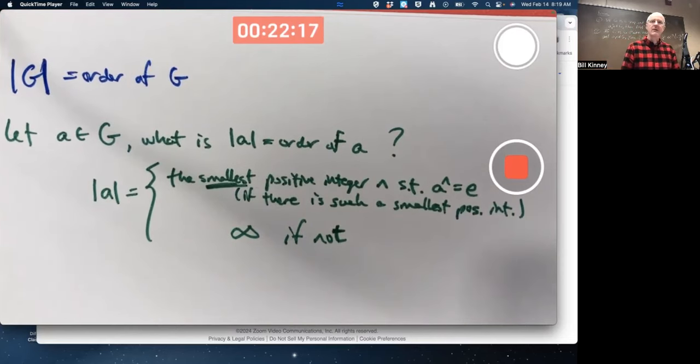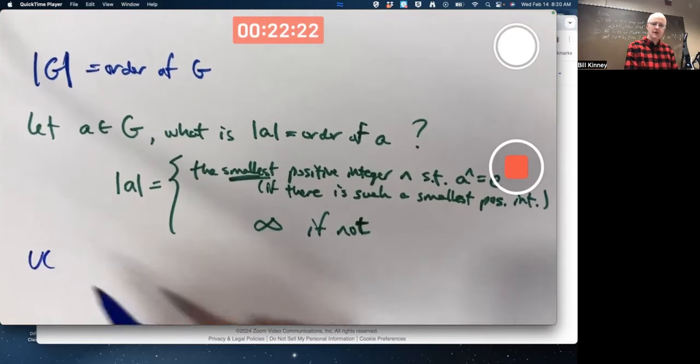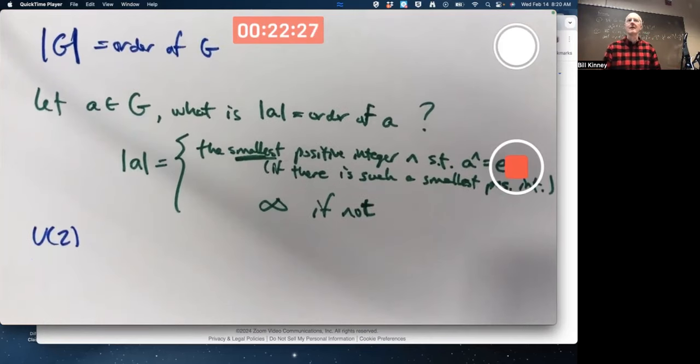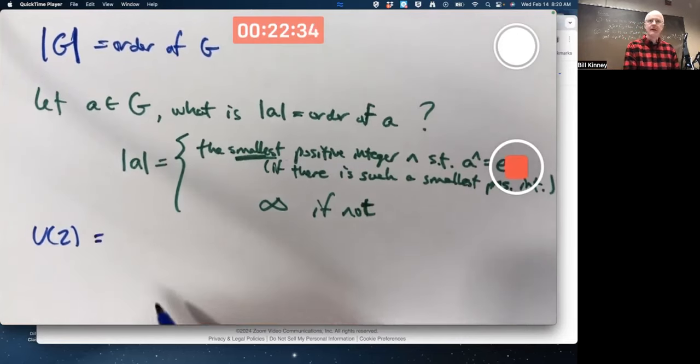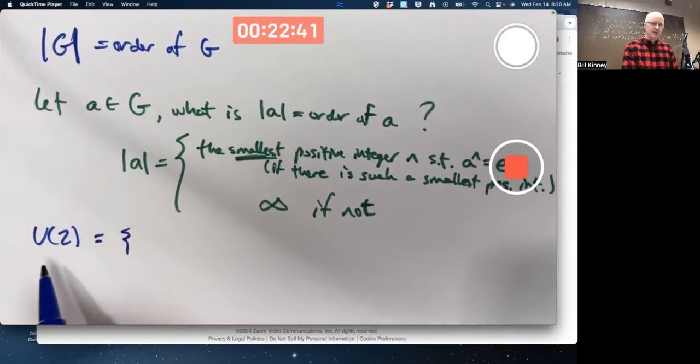Let's actually start with the U examples. U of n, like U of 2, where the operation is multiplication mod n, instead of the Z examples where the operation is addition mod n. U of 2, not the band U2, but U of 2, it's called the group of units modulo 2.